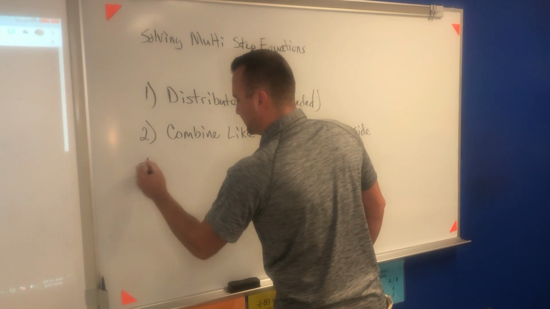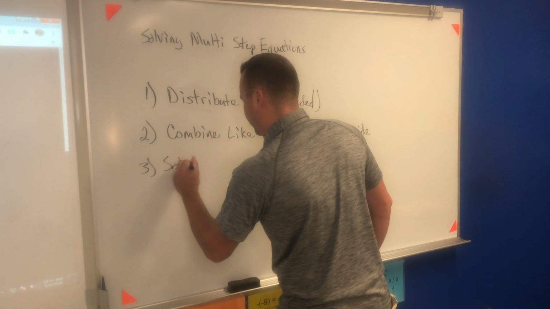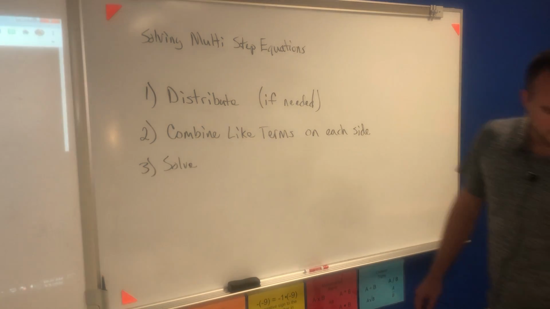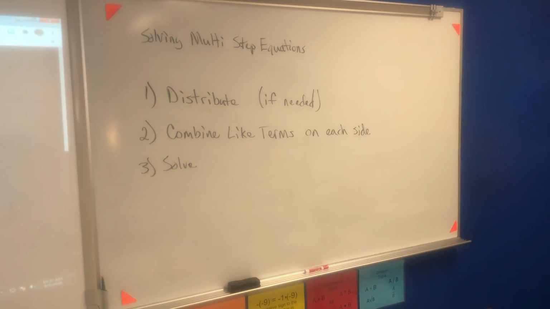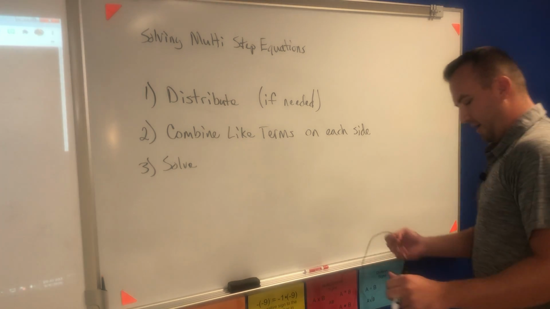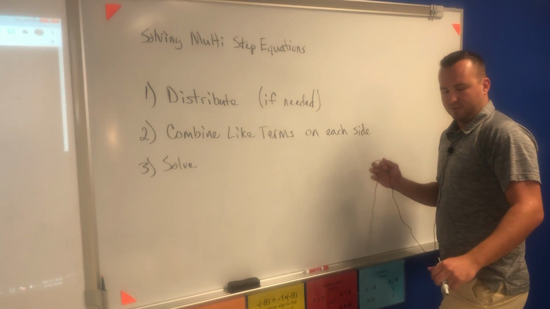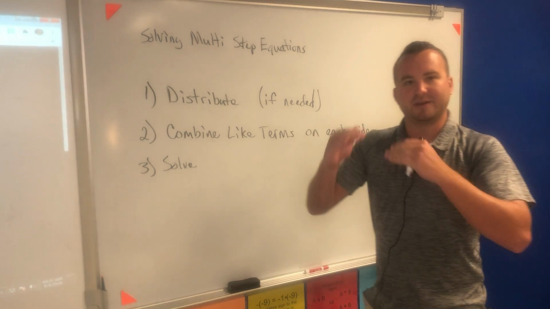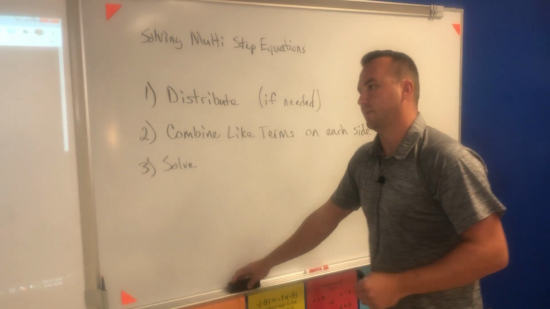And then lastly, solve. Distribute if needed, combine like terms on each side, and then solve, okay? So you can see now how everything that we've done up to this point is building to this lesson, okay?